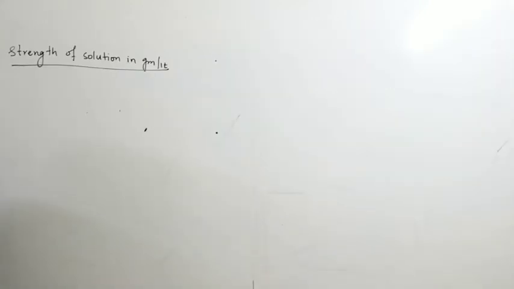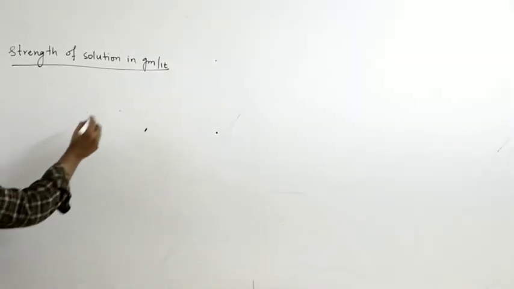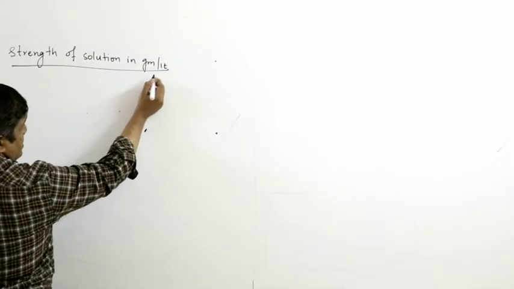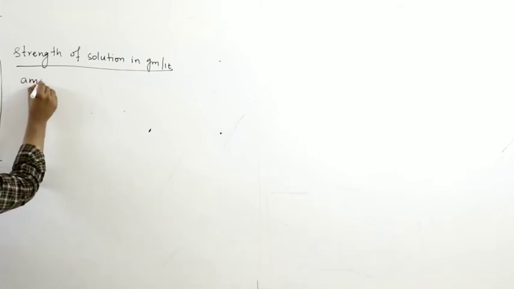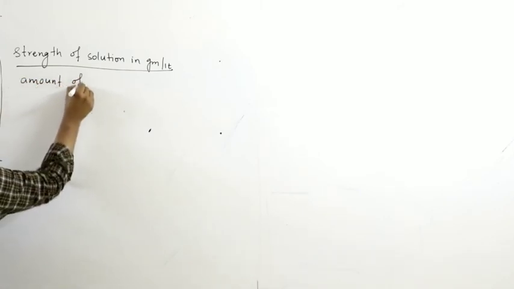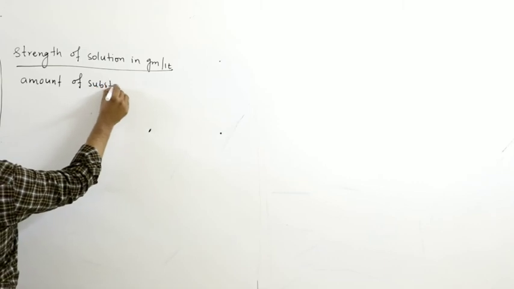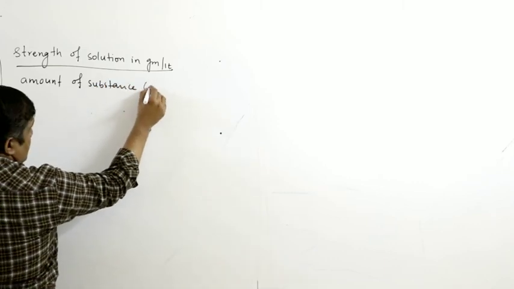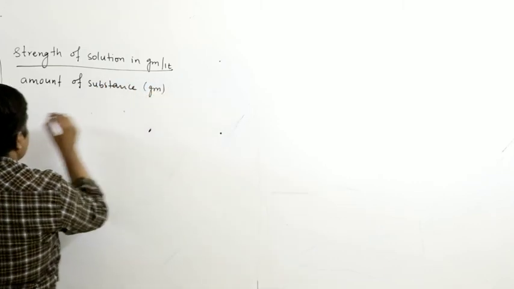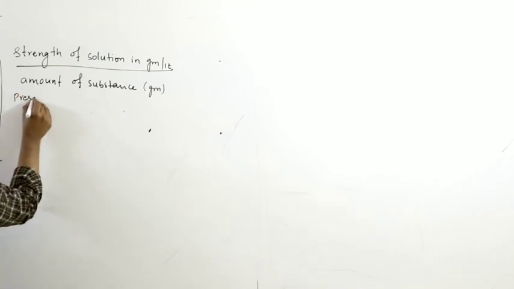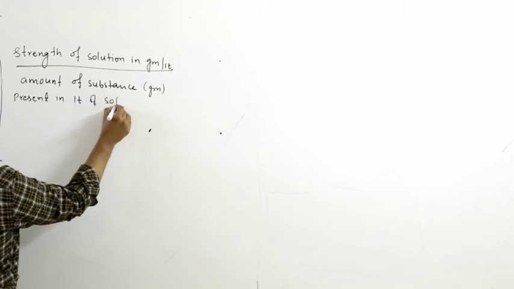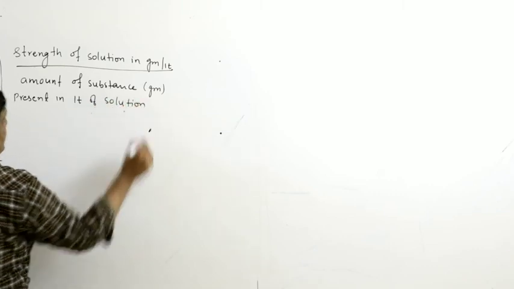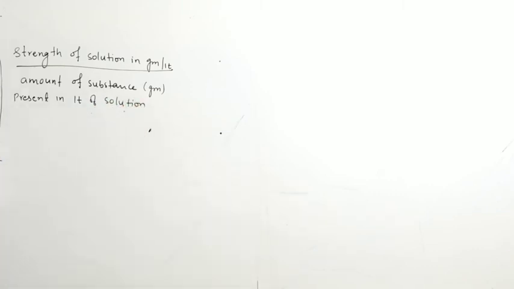Strength of solution in grams per liter. What is this? This is the weight of solute in grams in a liter of solution. So here the volume we are expressing in liters. So the amount of substance, nothing but solute, in grams present in a liter of solution, we call this the strength of solution in grams per liter.